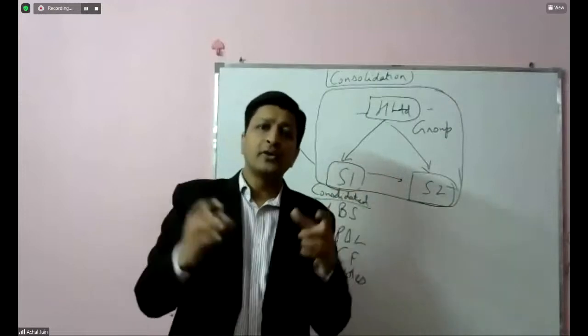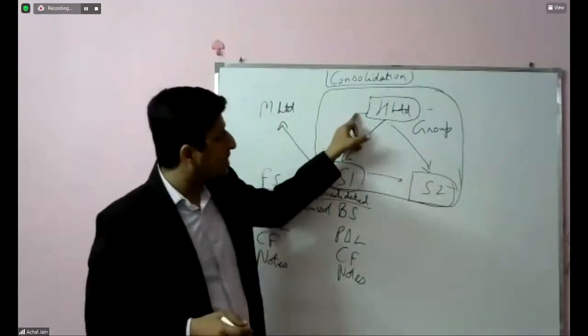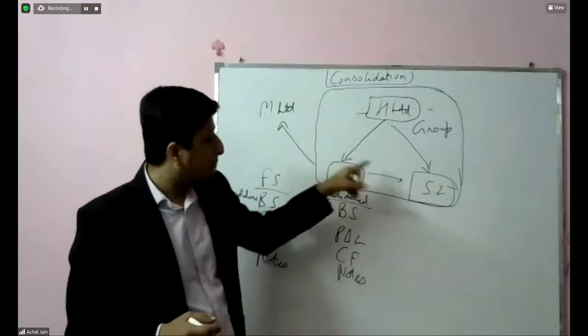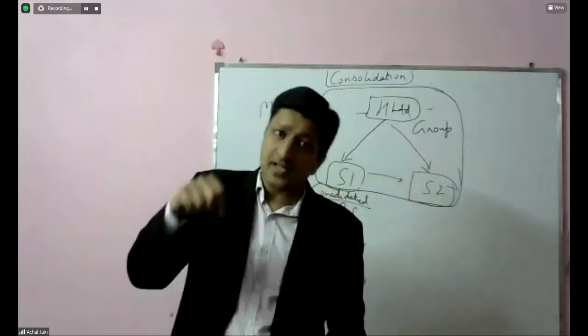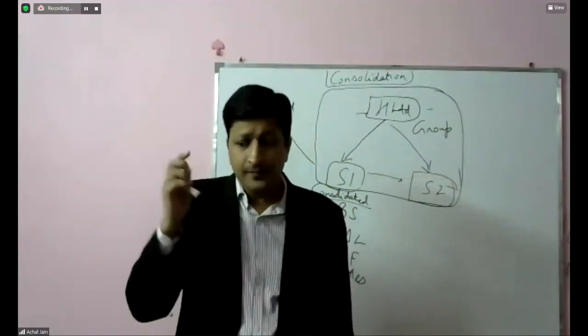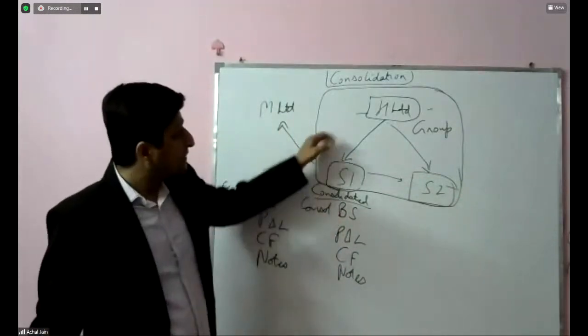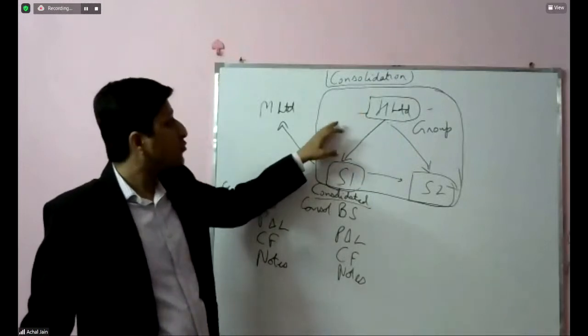So what should we do? We should eliminate any transaction which is taking place between the companies, means any transaction inside the group. Why? Because even though it's a transaction outside the company, it is not outside the group.